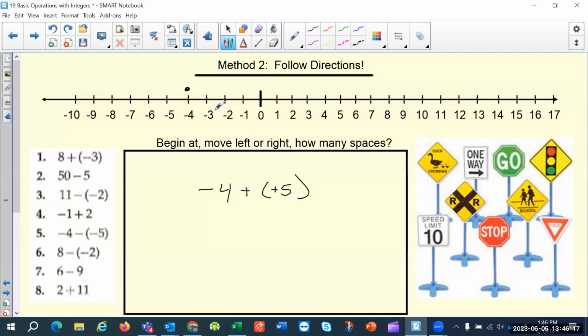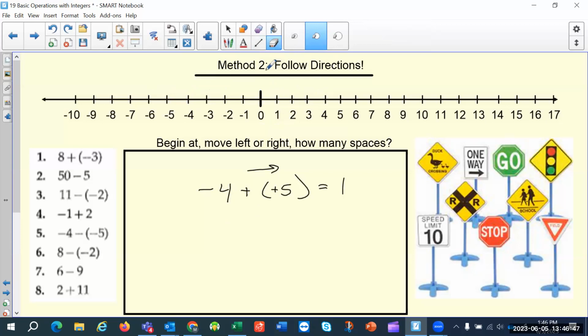We're starting right here. We're starting at negative 4. We're going to go to the right. We're going to move 5 spaces. Now, the first 4 spaces get us back to 0. The last space is going to get us to here. So 1, 2, 3, 4, 5 spaces to the right of negative 4 is positive 1. Just following directions.